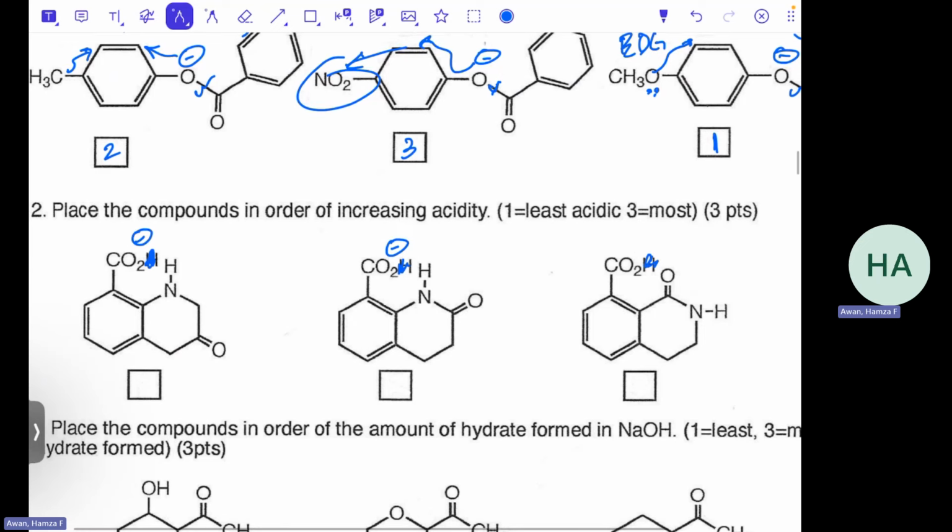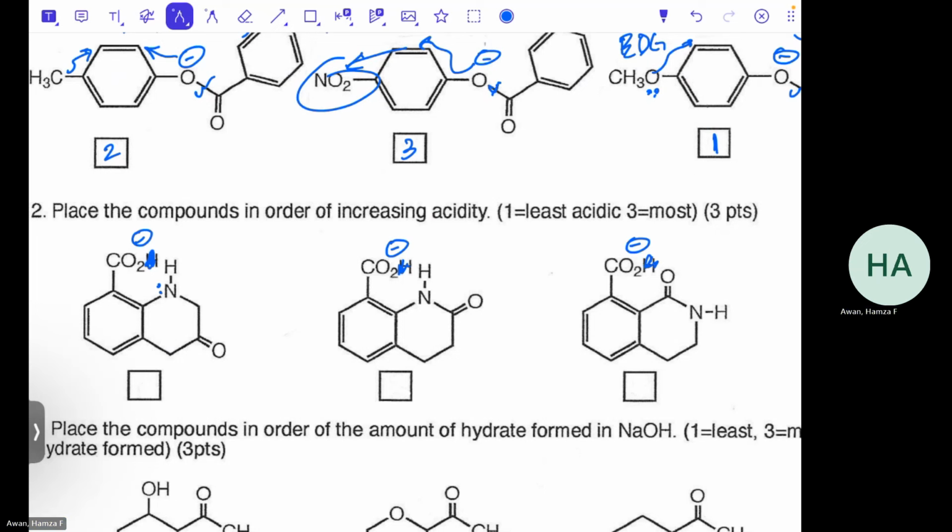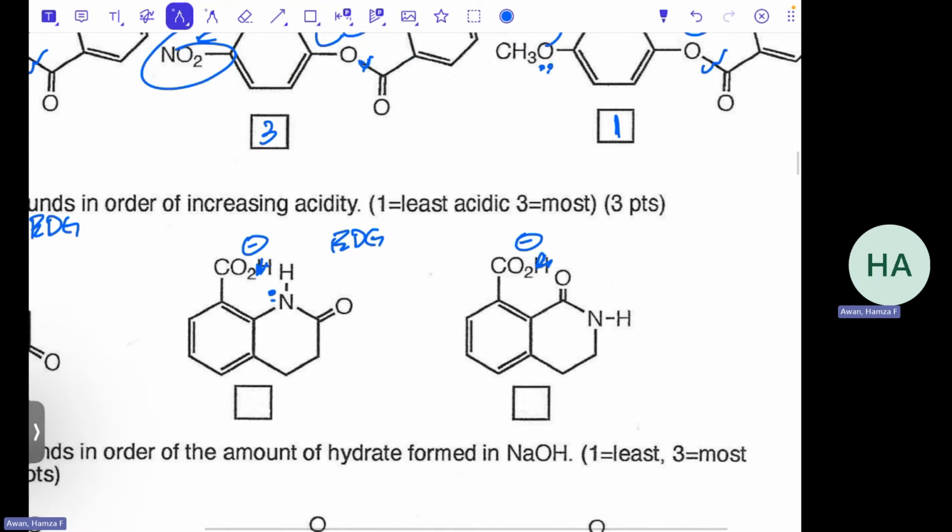So we have an O- on all of them, and on this one, we see that we have 3 groups. 2 are electron donating groups, so these NHs are going to be electron donating groups, and this amide is going to be an electron withdrawing group, because this is pulling electron density toward it.